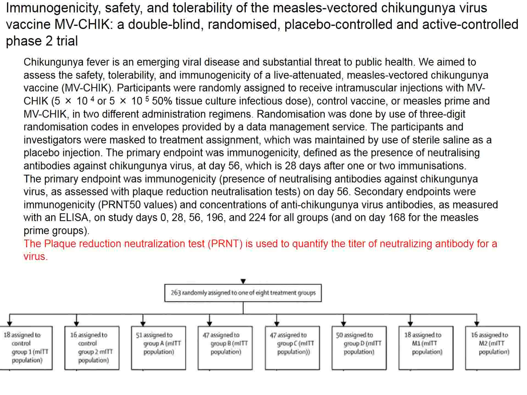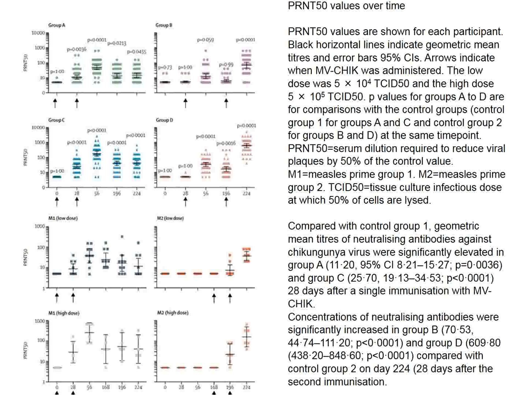This is a vaccine study, and the end point here is the development of antibodies that show an effect in the plaque reduction neutralization test. In other words, neutralizing antibodies against chikungunya virus. Measles virus was a control in this study. Various regimens were given to these normal volunteers, and the positive endpoint is PRNT50.